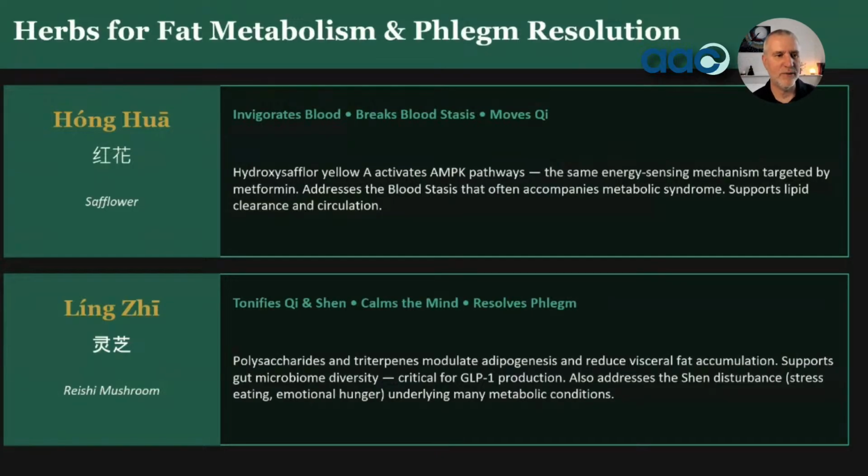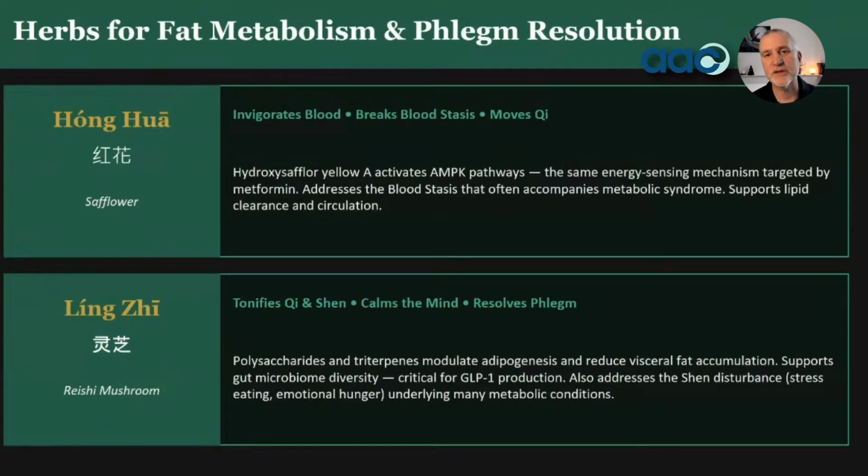And the last one that I want to discuss is lingzhi. It's the reishi mushroom, which tonifies qi and shen, calms the mind, and resolves phlegm in that category. And it has different polysaccharides and triterpenes that modulate adipogenesis and reduce visceral fat accumulation and supports gut microbiome diversity, which is critical for GLP-1 production.